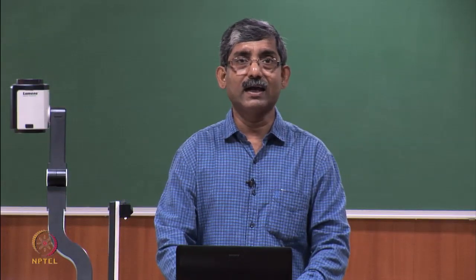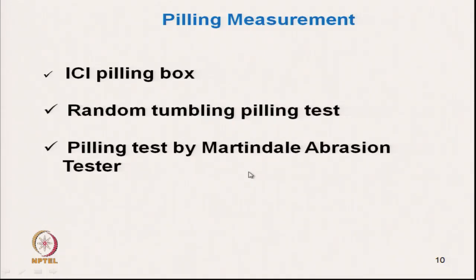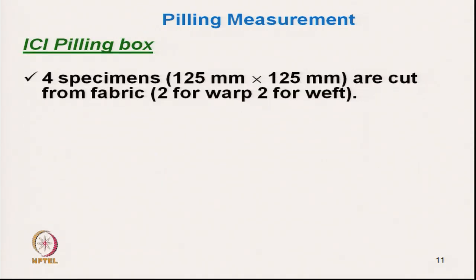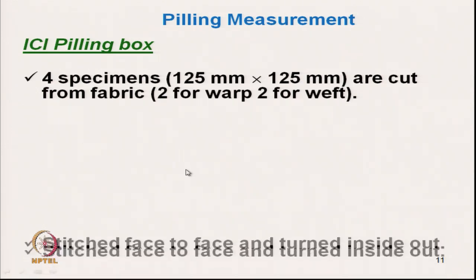In the ICI peeling box, it is simple: there are two boxes with cork lining. Four specimens are placed, cut to a size of 125 millimeter by 125 millimeter square, two for warp and two for weft.